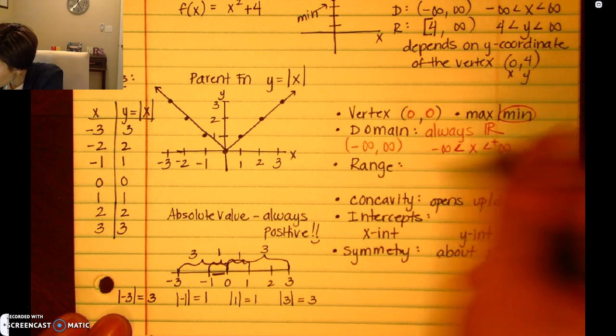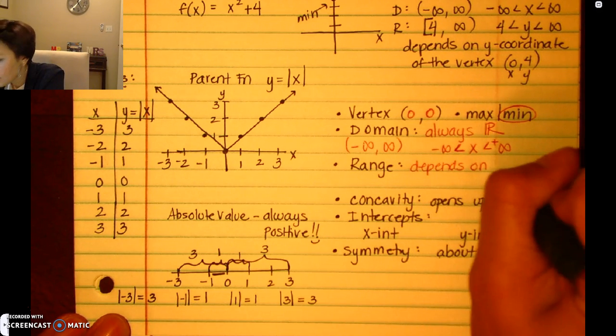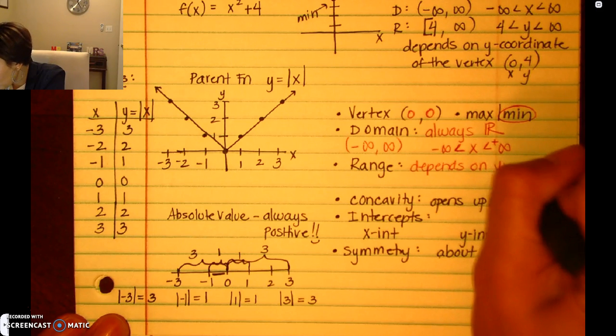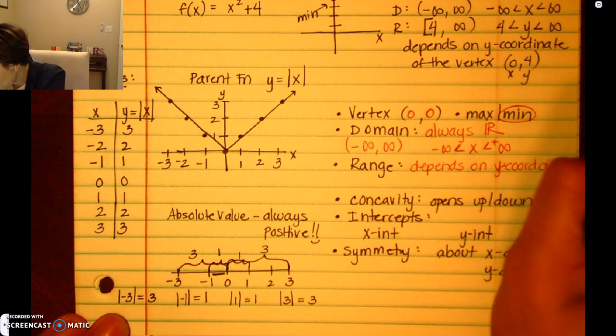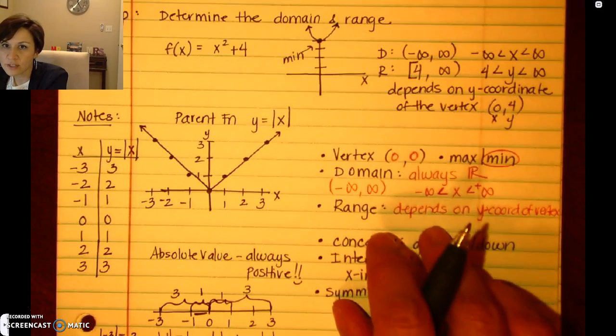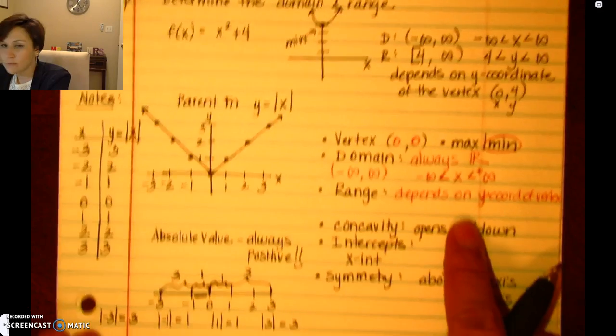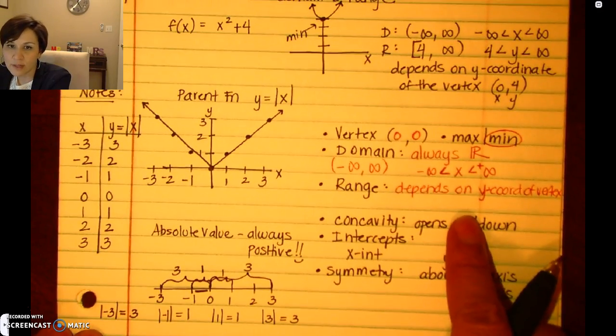All right, the range depends on the vertex, on the y-coordinate of the vertex. So very similar to the quadratic function, the range depends on the y-coordinate of the vertex. It's the same thing for the range of an absolute value function.